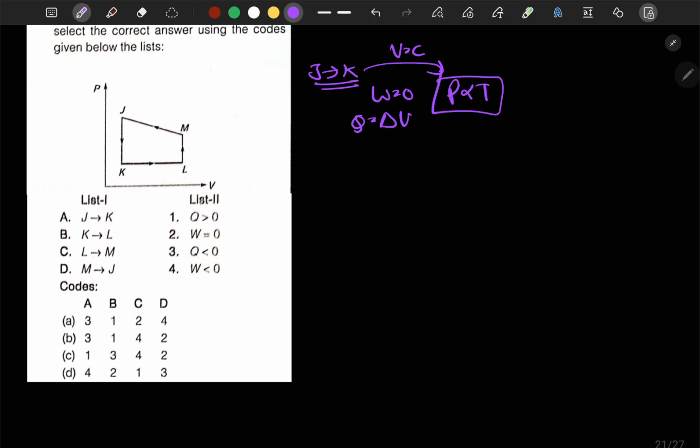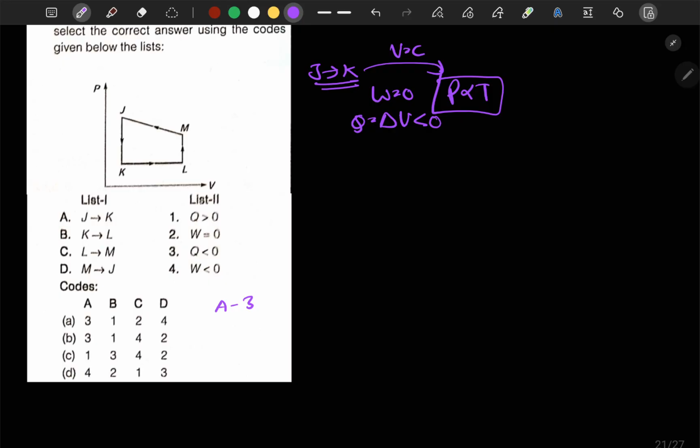From J to K the pressure is dropping, so temperature will also be dropping. Temperature dropping means that delta U is less than 0, negative, so Q should be negative. So for A we should get option 3.